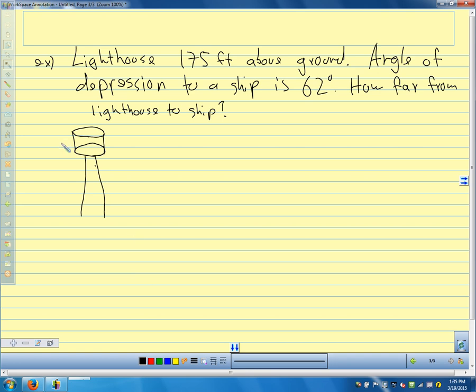And from where the people are standing, that's 175 feet. And then we go out here to a ship. And we want to know how far the lighthouse is from the ship. So I'm going to draw a triangle like so.